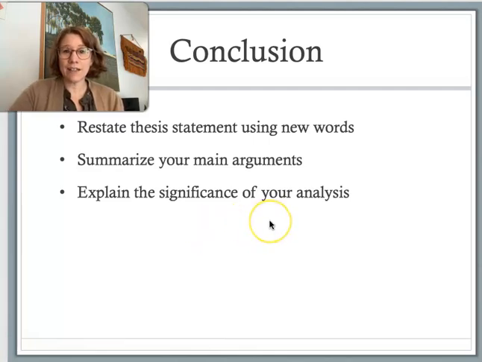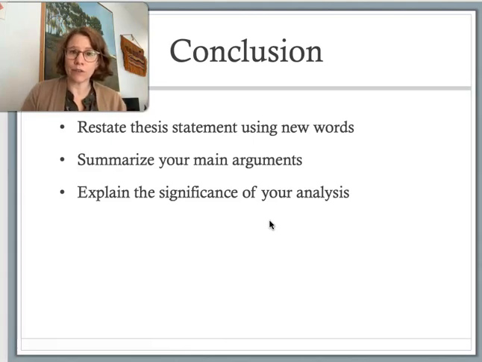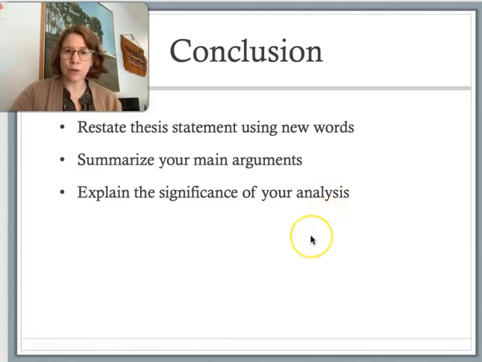And you want, ideally, your conclusion to have some impact. You want to explain why what you've said is important, or reflect as a whole on what you've done or what you've written about. You don't want to add new information, so you don't want to add a bunch of new evidence, add a bunch of quotes.